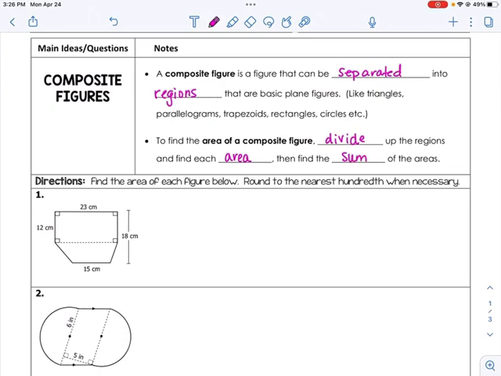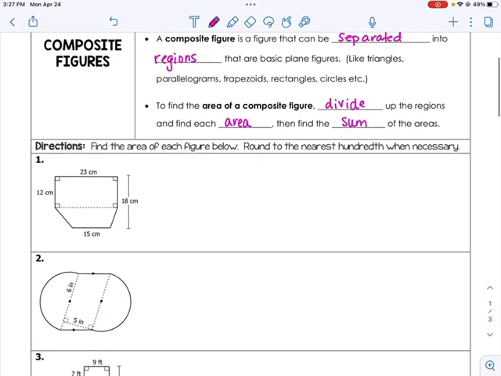Okay, so we're going to break up our picture into as many pieces as we need that make common shapes, and then we're going to add those pieces together. Okay, so what do I mean by that? If we look at number 1, it looks like we have this rectangle that I am going to highlight in pink.